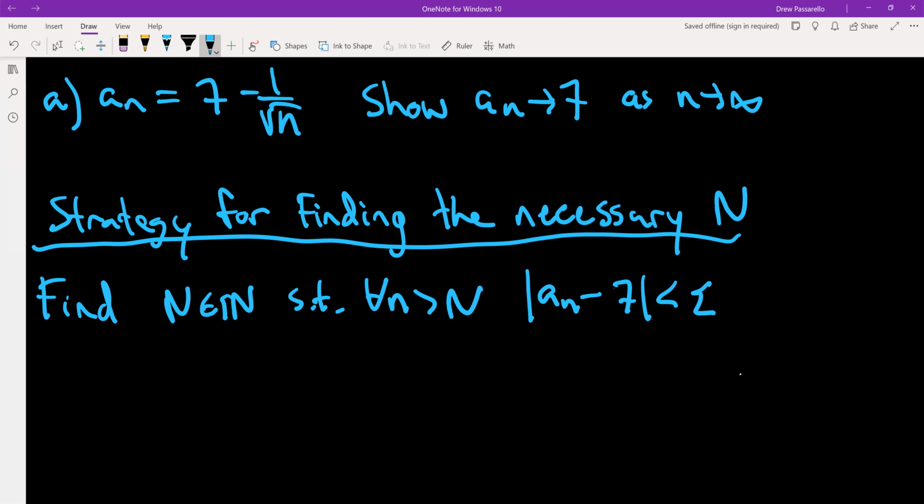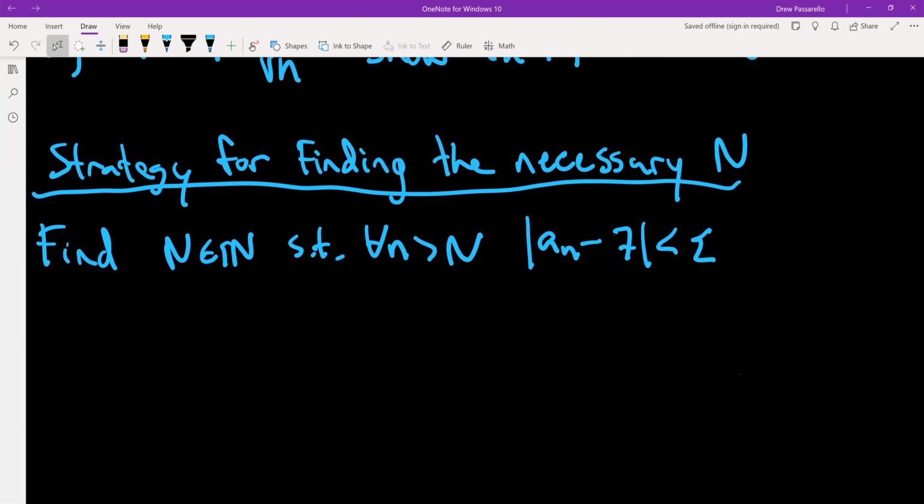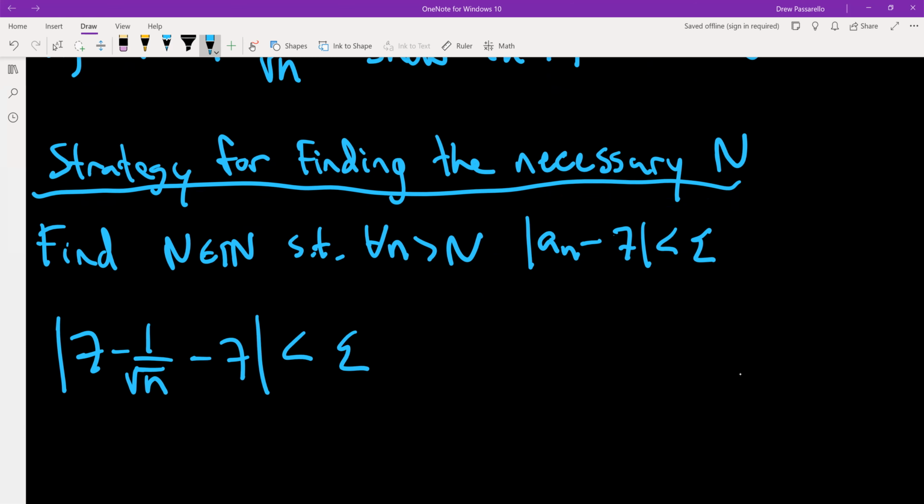That's what we're going to do, and we're going to employ the Archimedean principle. Our sequence is 7 minus 1 over the square root of n. I'm going to work backwards with this to find the necessary capital N.